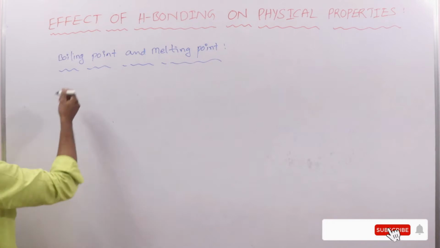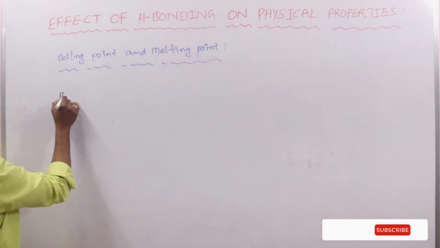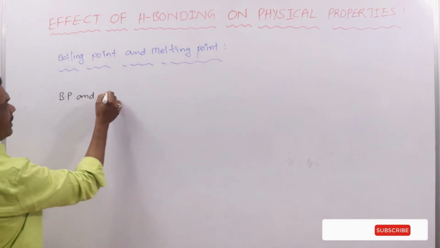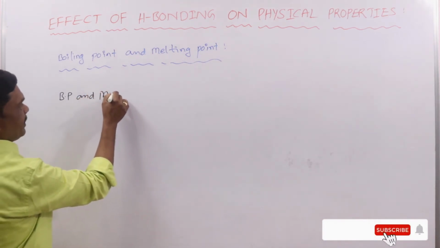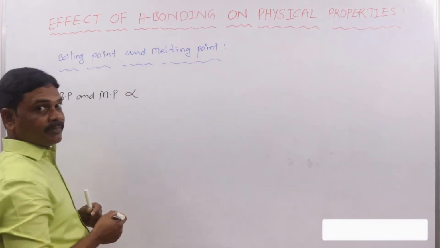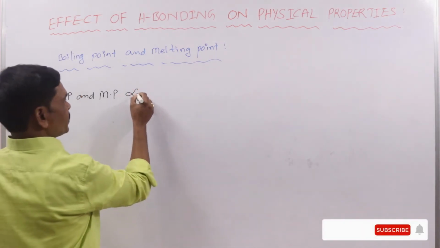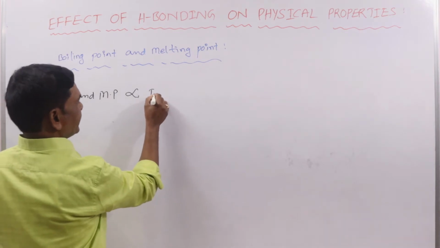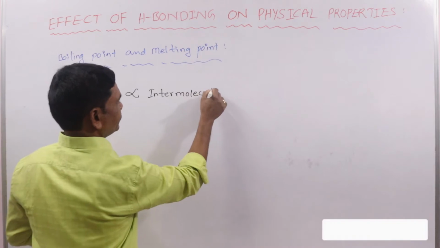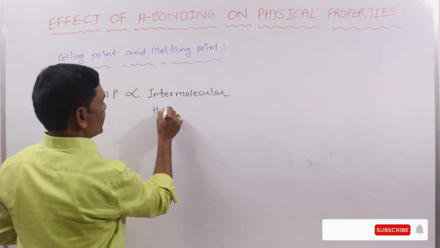For our convenience, I am writing boiling point as BP and melting point as MP, and it is directly proportional to intermolecular hydrogen bond.